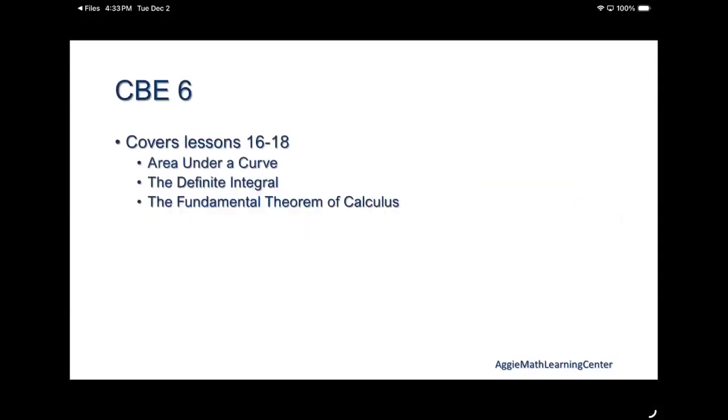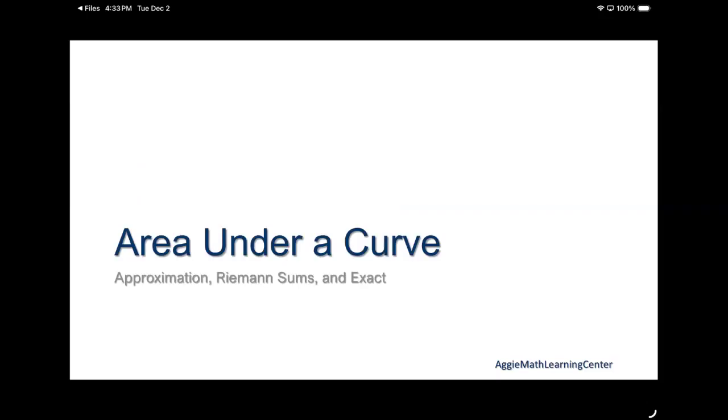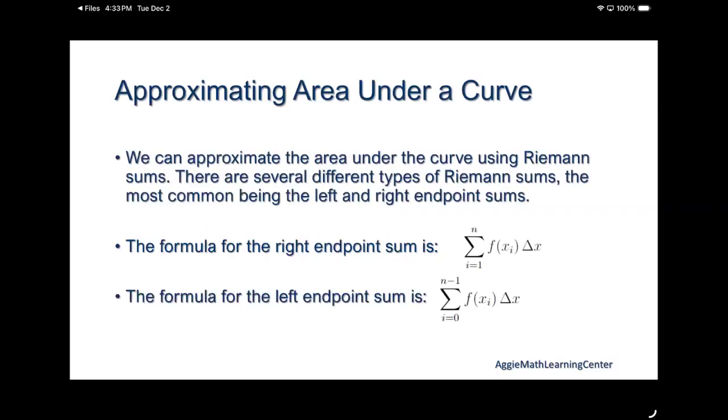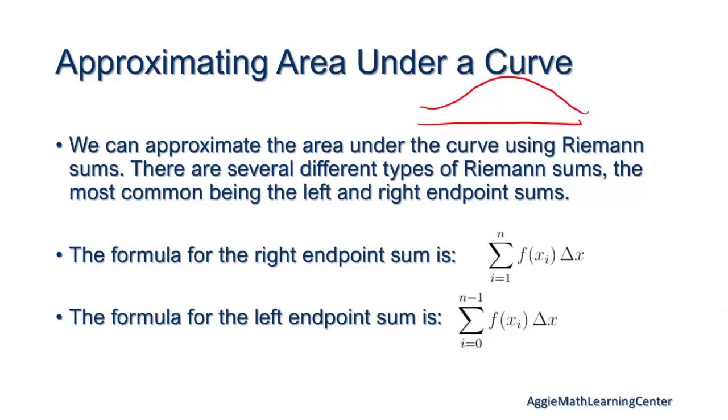So this one we're doing area under curve, definite integrals, and the fundamental theorem of calculus. Let's do area under a curve first. The whole premise of doing integrals is this type of Riemann sum under the line, and that's what these two equations are. We can take different types of Riemann sums.